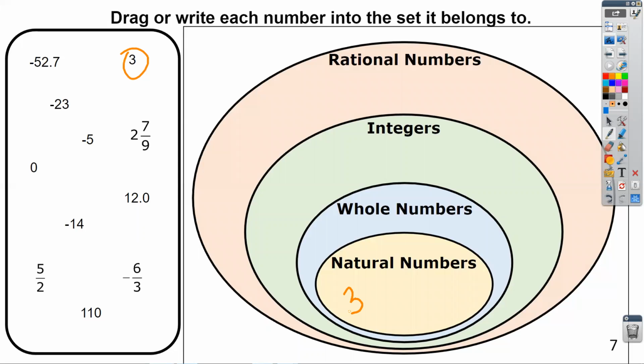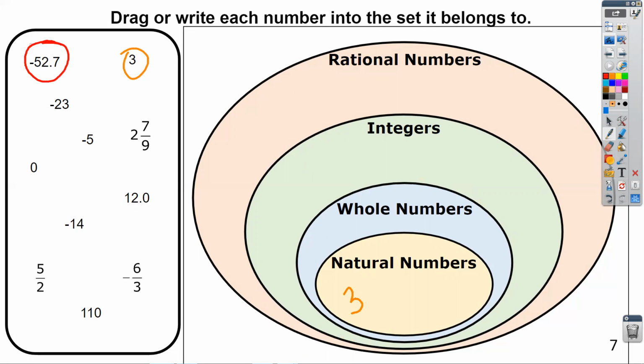Now, is 3 also in this whole number circle? Yes. So is 3 also a whole number? Yes. However, we're not going to write 3 in every one of these because then it just gets way too crowded. So we're only putting the number where you see it for the very first time only.